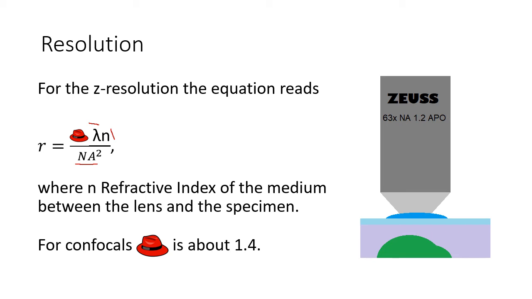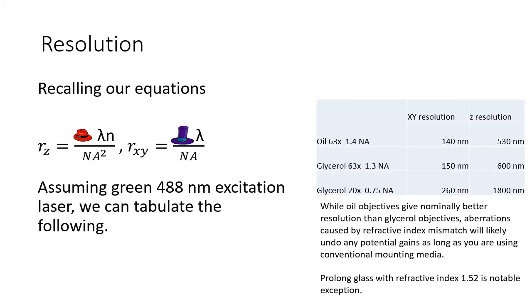Here the lambda is again a wavelength, the hat is some mathematical constant, the NA is the numerical aperture still, and this n here is the refractive index of the medium between the lens and the specimen. So if we have our objective here, and here we have our cover slip, it's the refractive index of this stuff here. And for the confocals, this new hat is about 1.4.